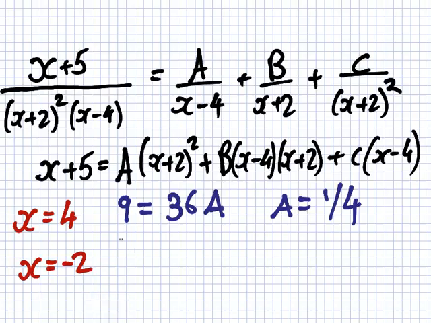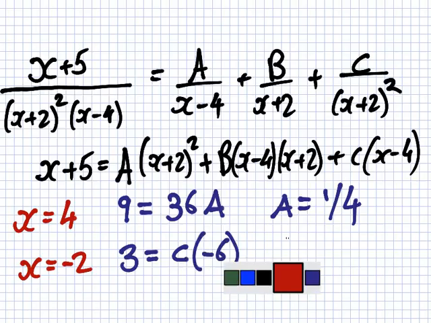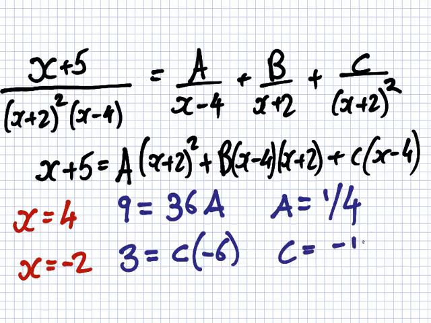So I get 3 equals C times minus 6. Also ugly. C equals minus a half. And lastly, x equals 0. So I get 5 equals 4A.